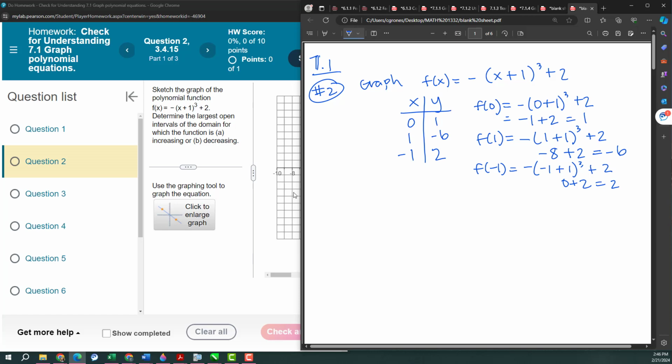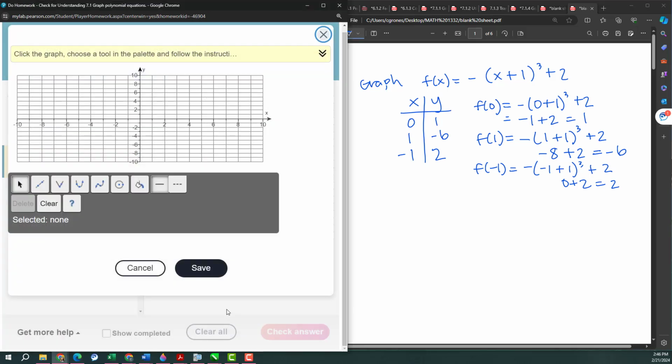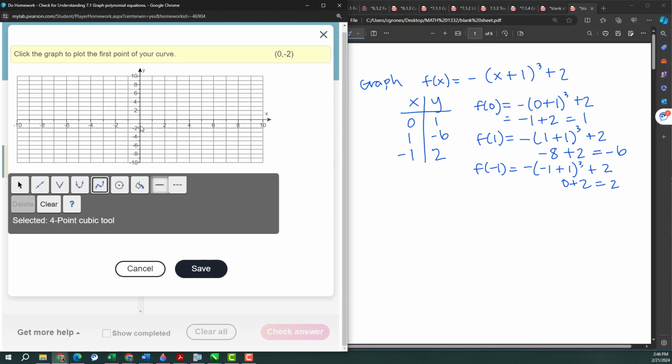So let's look at our graph. Now I know that we are going to be using this. I've got 0, 1.